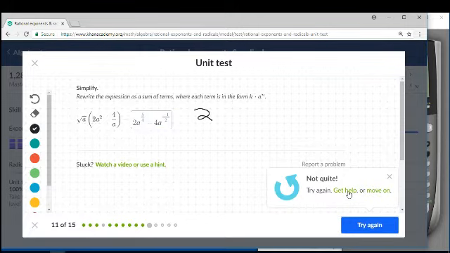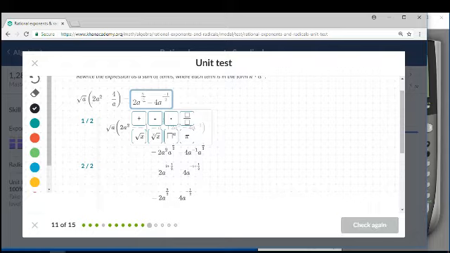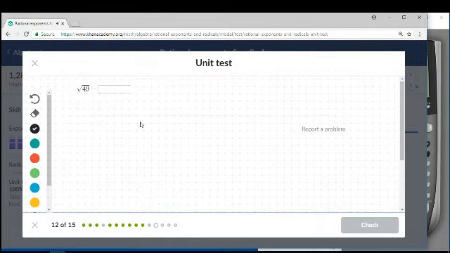All right. 2a to the, oh, forgot to, I misput 4 instead of 2. I will take this test again.